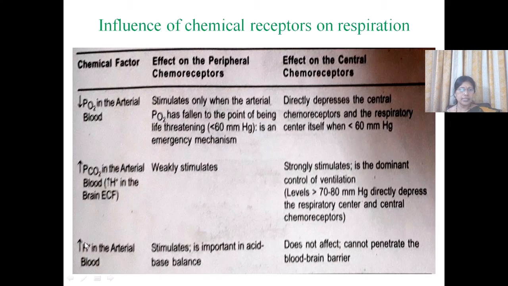And the third is the H plus ion concentration. When this increases in the arterial blood, it stimulates the peripheral receptors, and this is important in acid-base balance. The increase in hydrogen ion concentration does not affect the central chemoreceptors, because H plus ions cannot penetrate the blood-brain barrier.